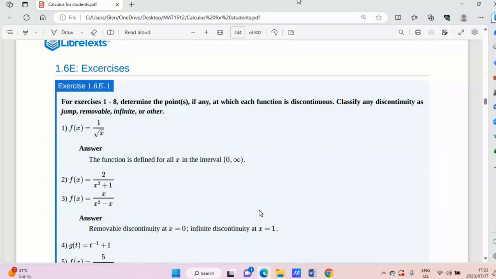If we have the square root of 1, for example, it will be 1 over 1, which is defined. And every number moving up from 1 all the way to infinity will always give you an answer, which makes it continuous in that sense. So this is continuous, and we are given that interval from 0 to infinity. 0 is not included, but from 0 to infinity.